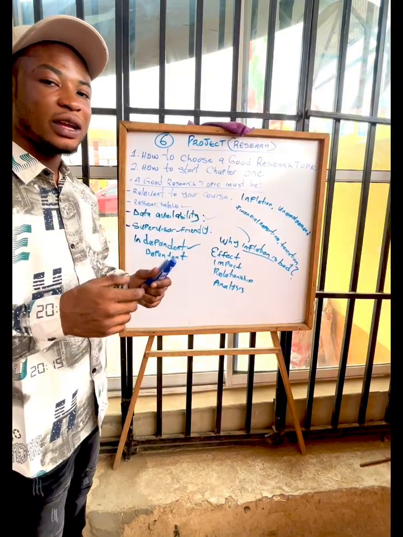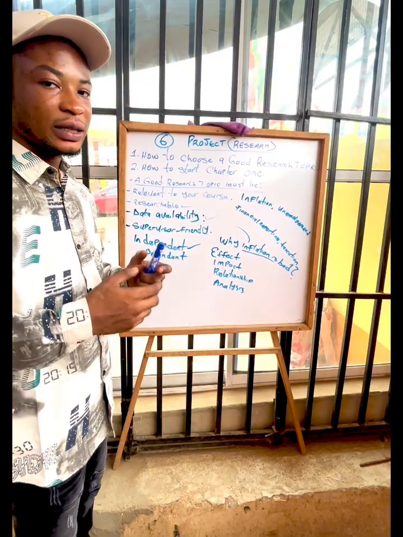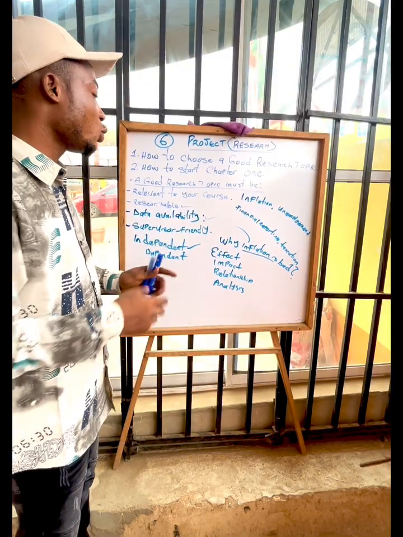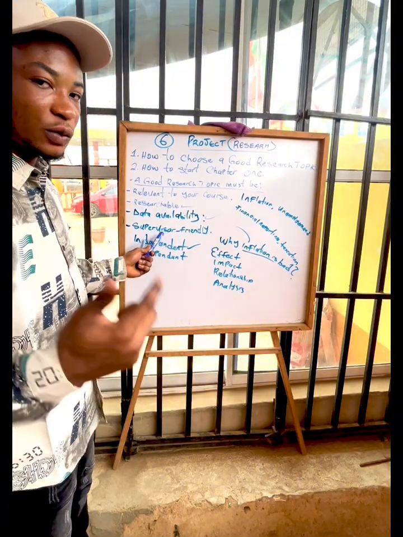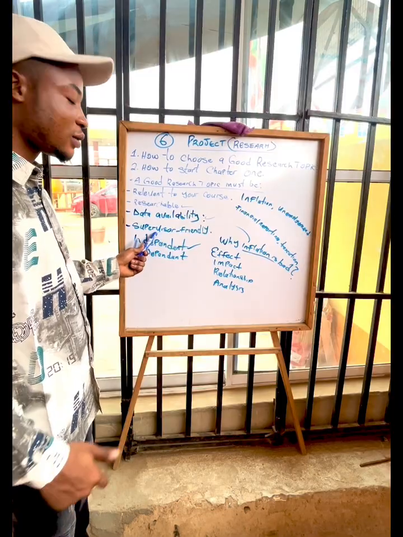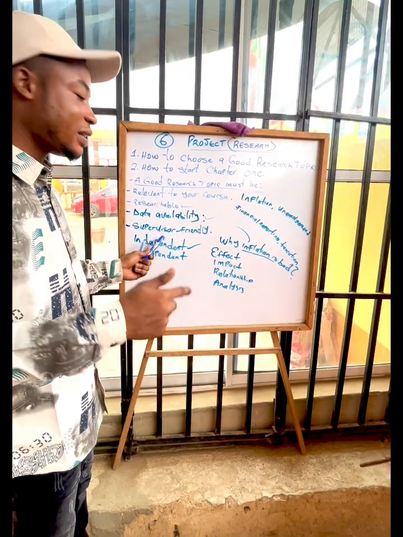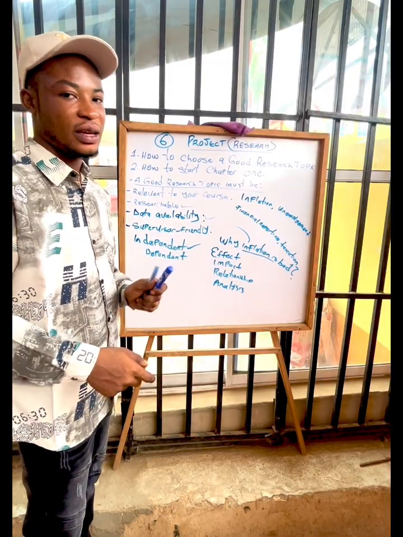You can make a little bit of research, for those of you that already have a topic in mind. The reason you're making the research is to look for a lecturer whose course, what they study, is related to your topic.